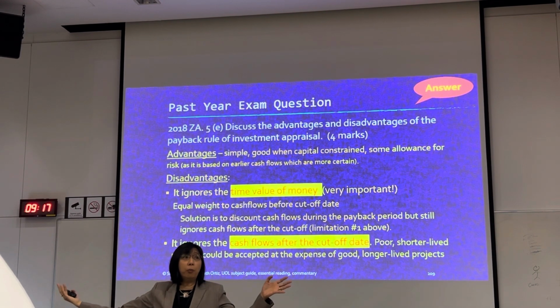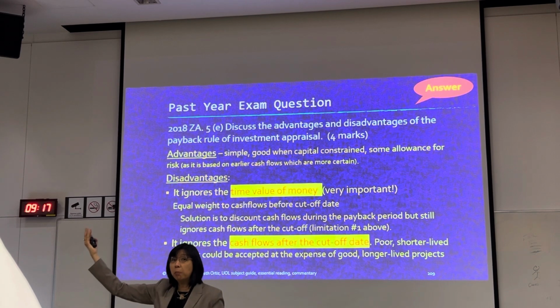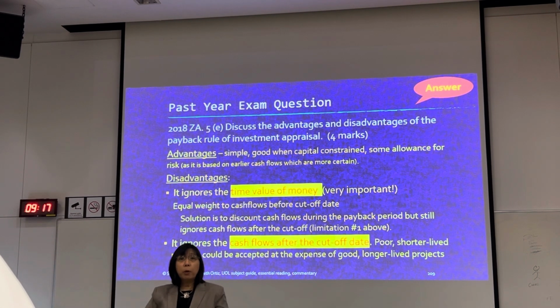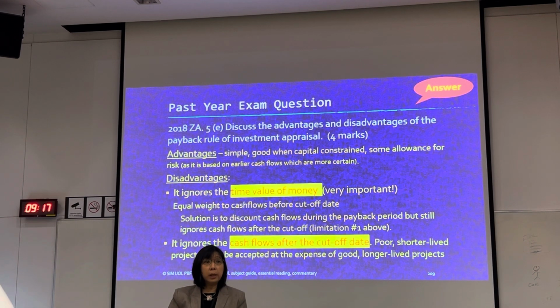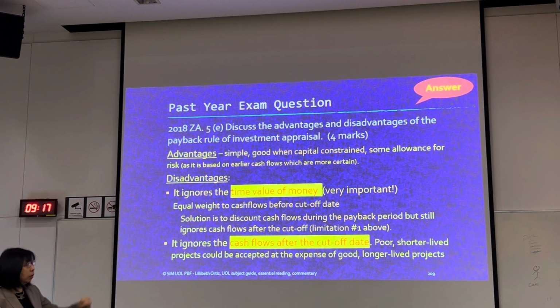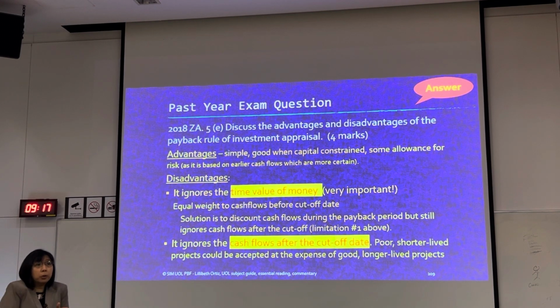So it could be really a worthwhile investment if you get millions 3, 4, 5 years from now for putting in only 50,000. So again, it just prefers shorter-lived projects, the ones that can pay back sooner.